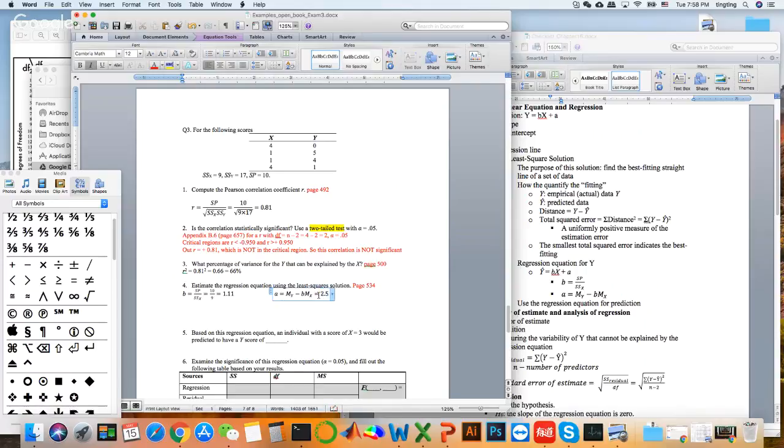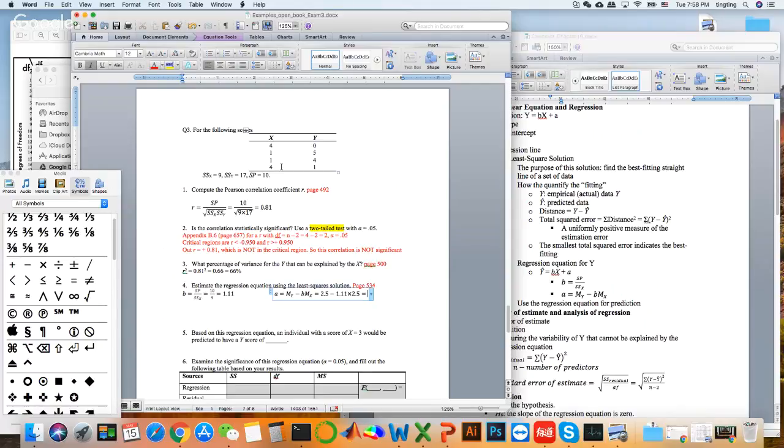My equals 2.5. Mx equals 1.1 times... no, 4 plus 1 plus 1 plus 4, which is 10. 10 divided by 4, which is also 2.5.